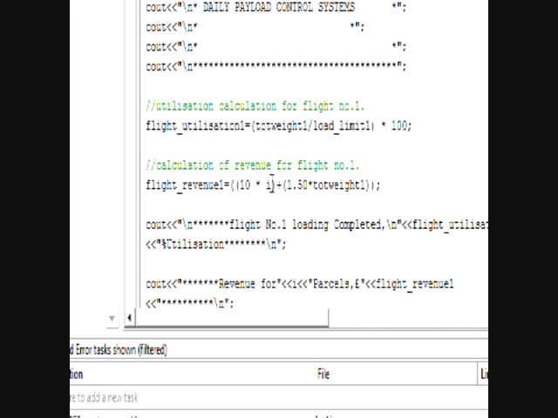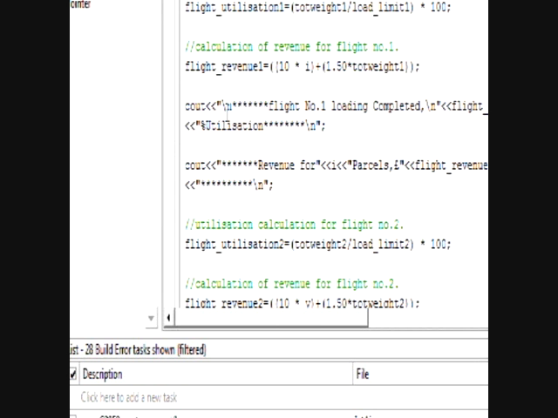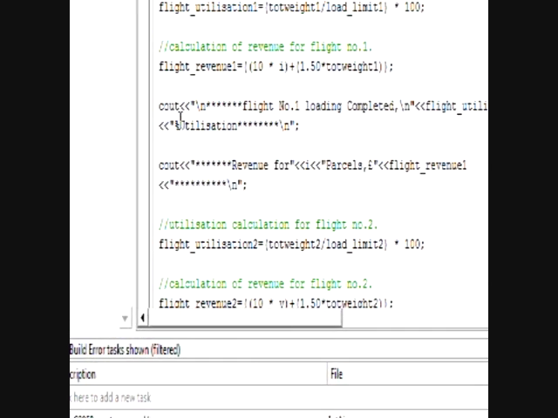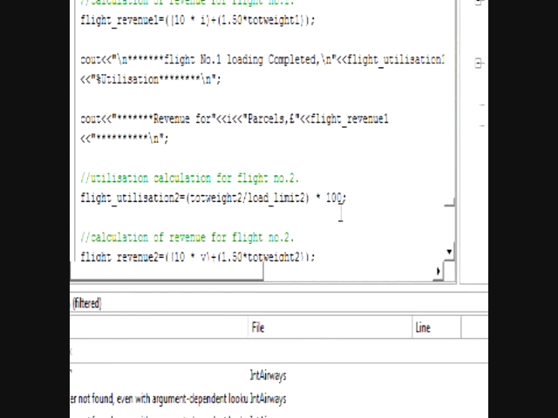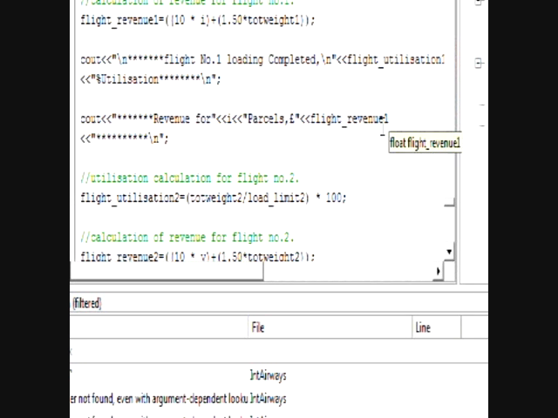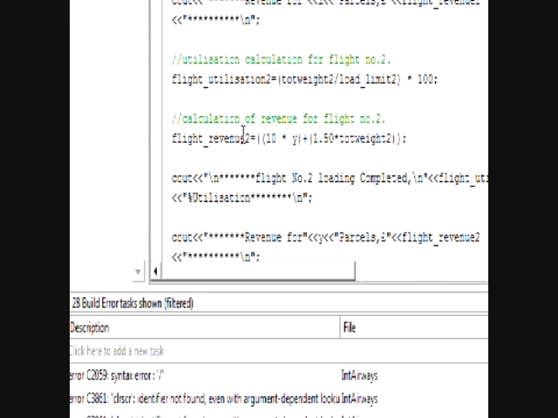So the number of parcels plus 6, and then the cout is loading completed for flight number 1, and then the revenue for all the parcels. So for flight number 1 it is this, and the same thing for flight number 2.